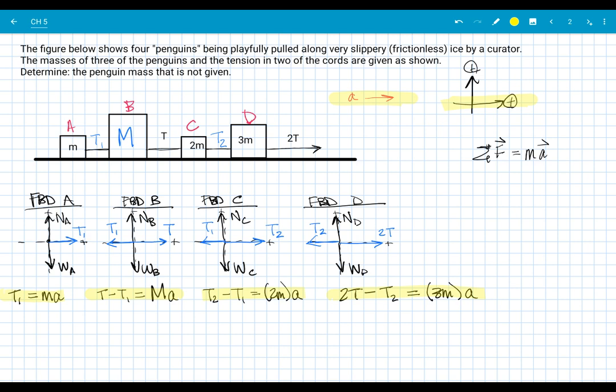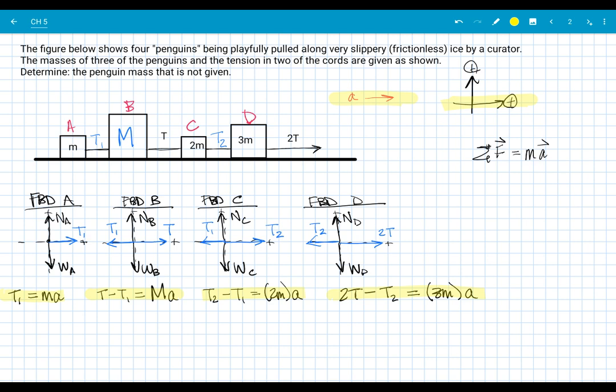So had you made a different choice for coordinate system, it's true that coordinate system choice is arbitrary. You can do what you want. But you have to make sure that your coordinate system choice is represented in your math at the same time. So had you chosen left positive, your signs would be opposite in all of these equations. Okay, just wanting to provide a little motivation there.